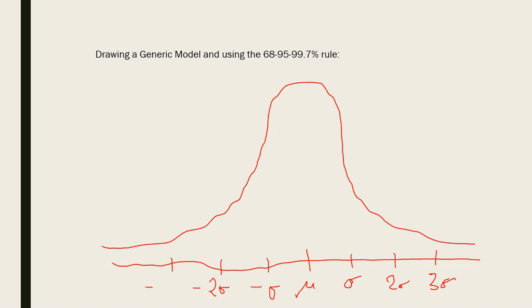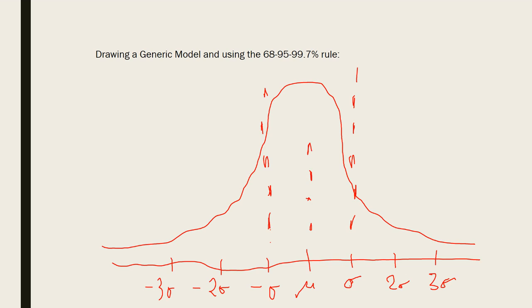And what we said is that 68% of the data exists within 1 standard deviation of the mean, or between 1 standard deviation below the mean and 1 standard deviation above the mean. 68% of the data exists between those 2 markers. All right, but how much of the data exists between the center and 1 standard deviation above?